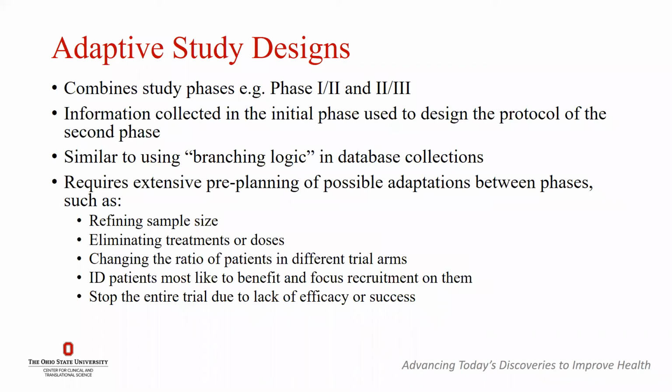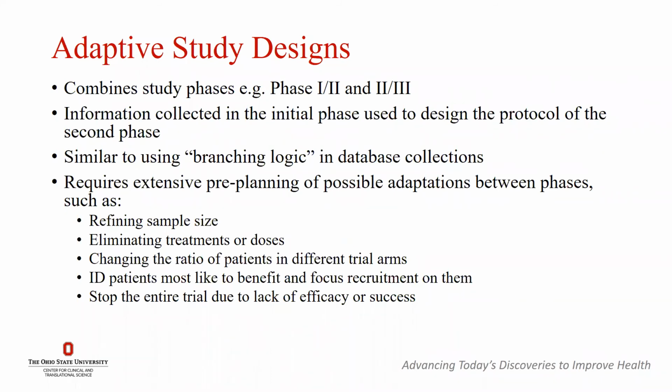And I've seen some where, if certain things are found in phase 1 and 2, it totally stops the second and third phase, because they can already see that they're not going to be able to prove what they want, that it's not going to be a valid study. So they just stop it right at that point.